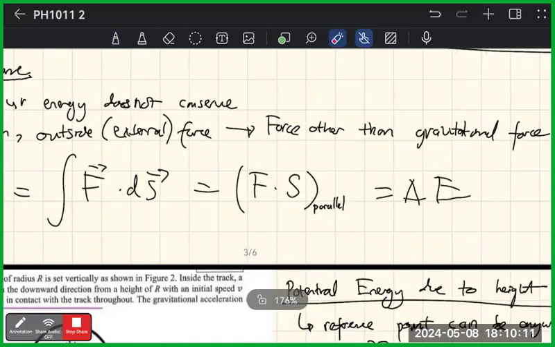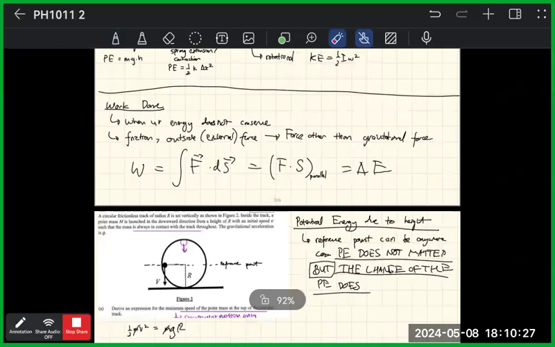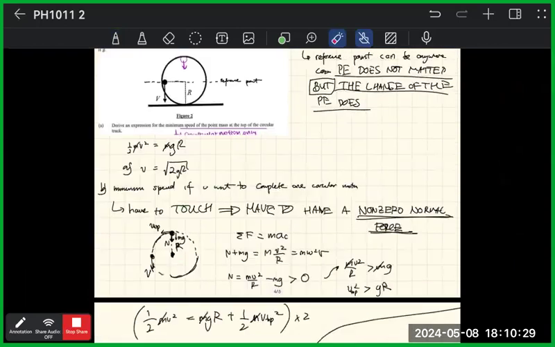It's logical. If you have an initial energy and it's drained by friction work done, of course the final energy equals the initial energy minus the work done. We'll touch on this in other examples later on.